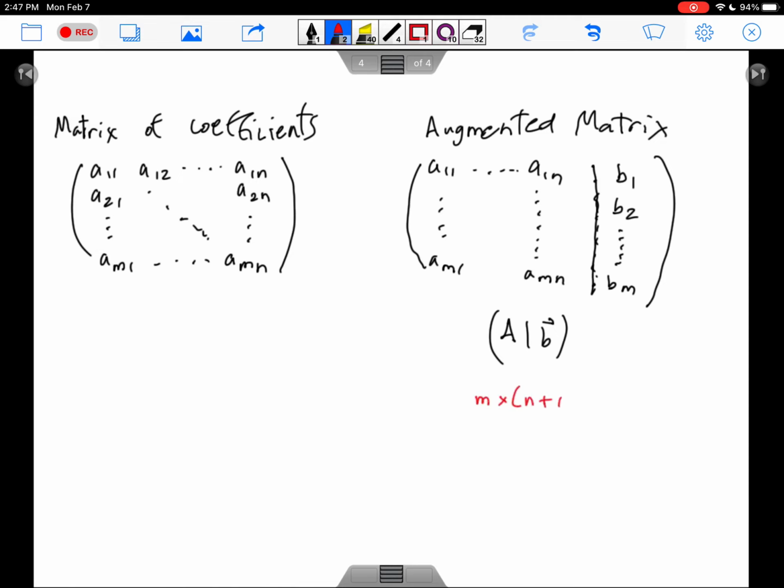Let's think about the size of this matrix, right? If A is an m by n matrix, this guy is an m by n plus 1 matrix, because now we have n plus 1 columns. See, this one over here was an m by n matrix.